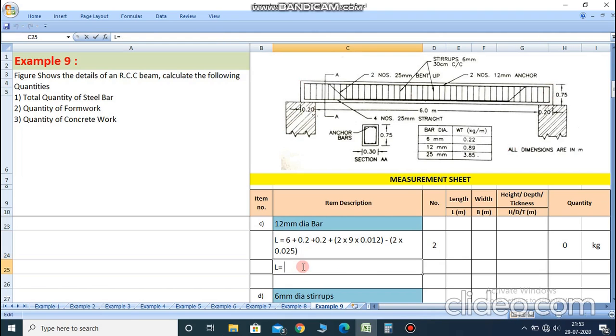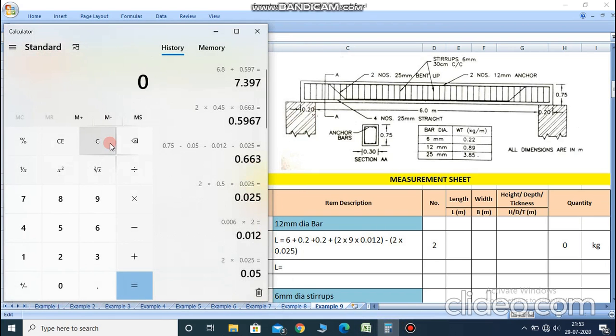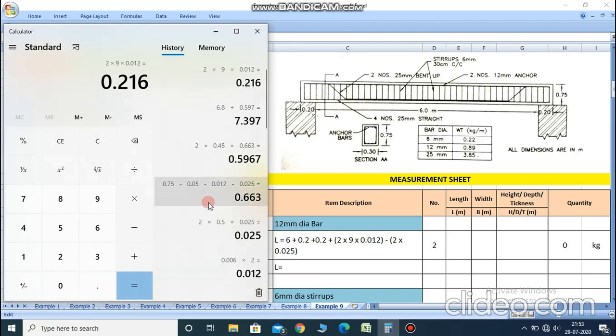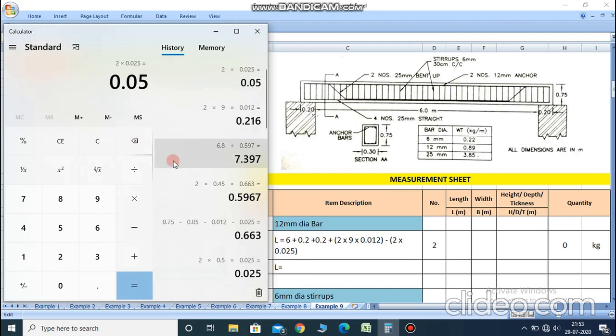So total length, first we calculate 2 multiplied by 9 multiplied by 0.012. So answer we got is 0.216, and 2 multiplied by 0.025, answer is 0.05.